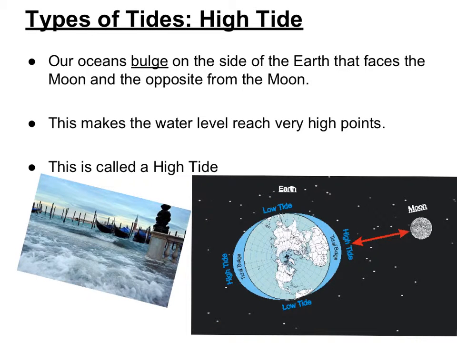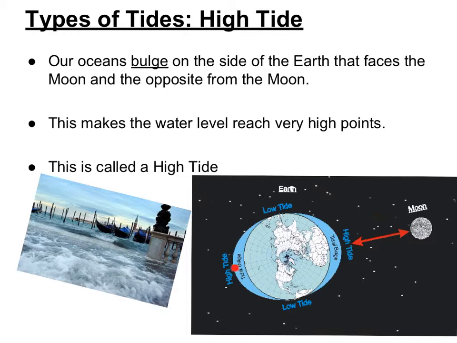We're going to talk about types of tides. The first type of tide we're going to talk about is the high tide. So why do tides even happen? You're probably wondering. Our oceans bulge on the side of the earth that faces the moon and opposite from the moon.